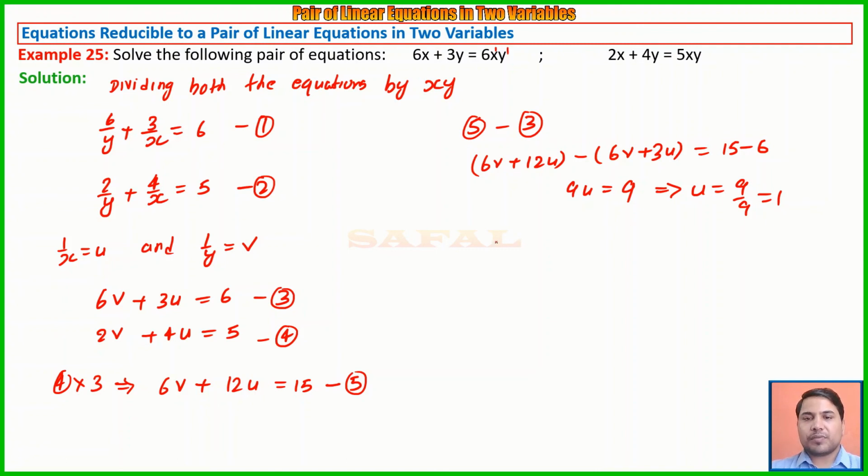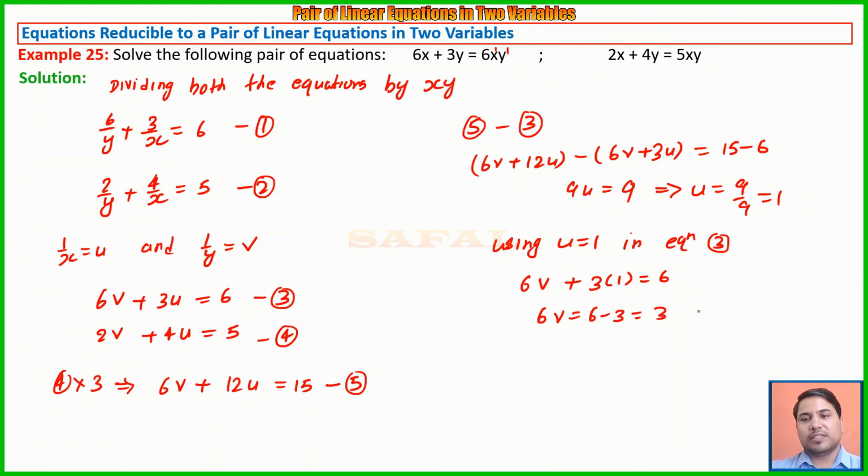Now using u equals 1 in equation 3, what I'll get? 6v plus 3u, that is 3 into 1, equals 6. So 6v equals 6 minus 3, that's 3. So this will give me v equals 3 by 6, which is basically 1 by 2.